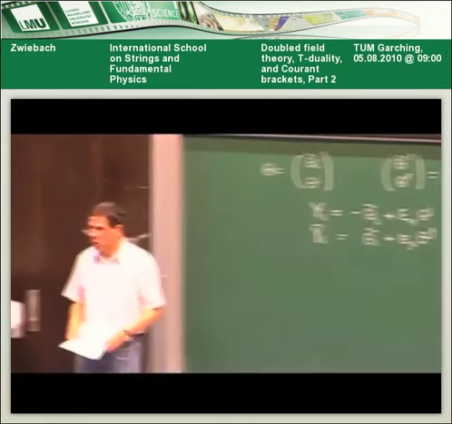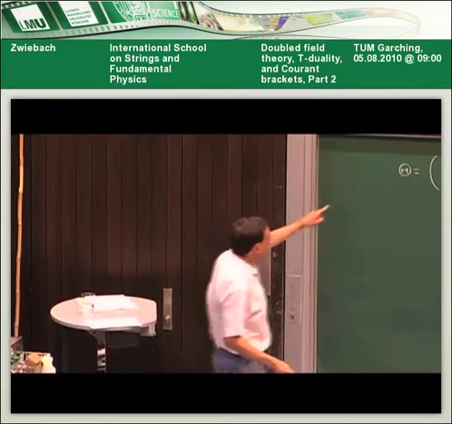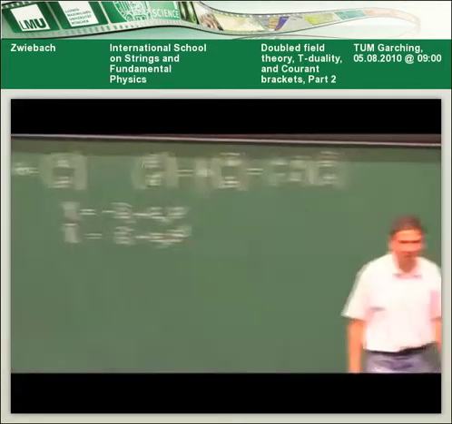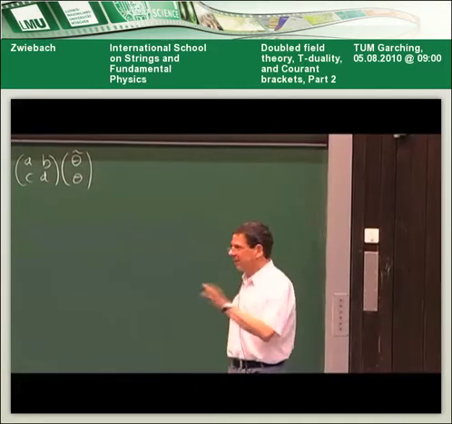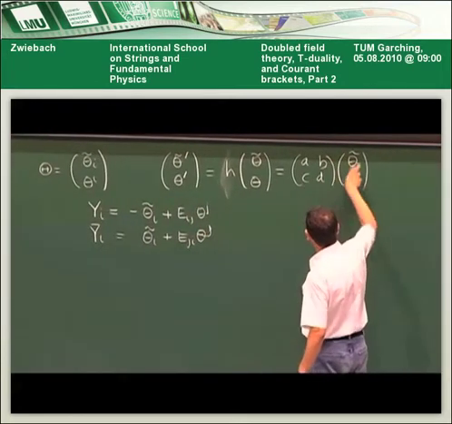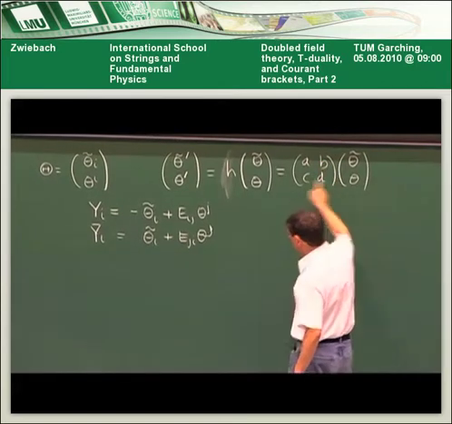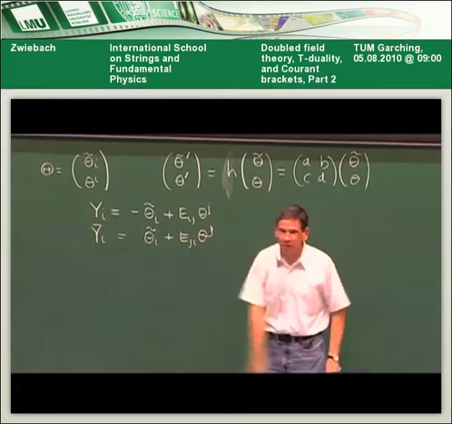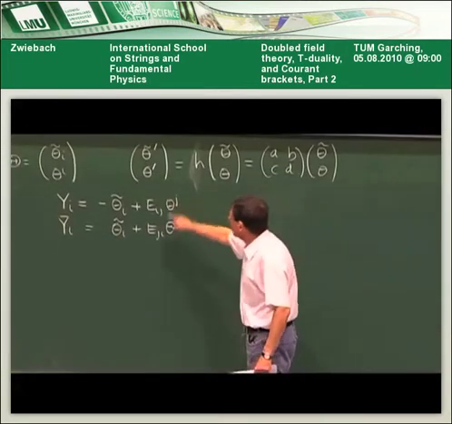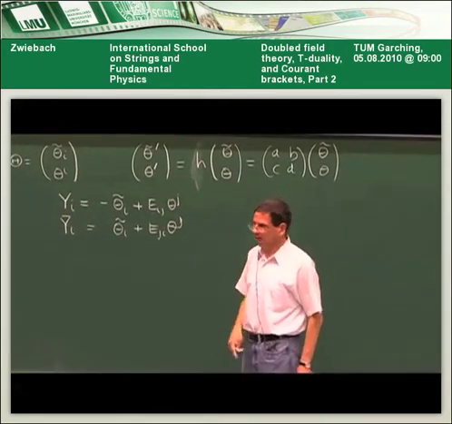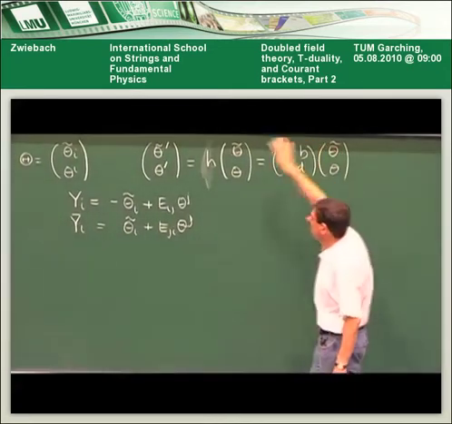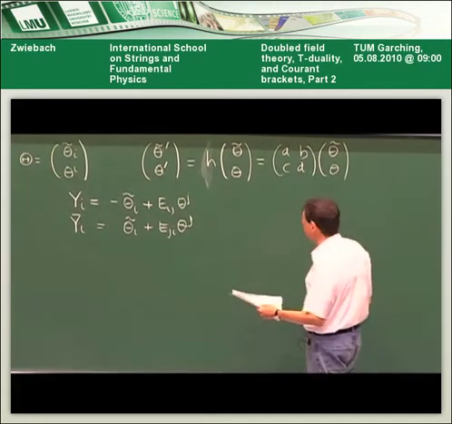So define two more objects using the thetas and the e's. Once you have the thetas and the e's, these two objects are not going to transform anymore with A, B, C, and D because they have the e in here. They're going to transform differently. The nice thing is that these two objects transform with the M's. So this is the general statement of how you go from an object that transforms with h's to an object that transforms with M.